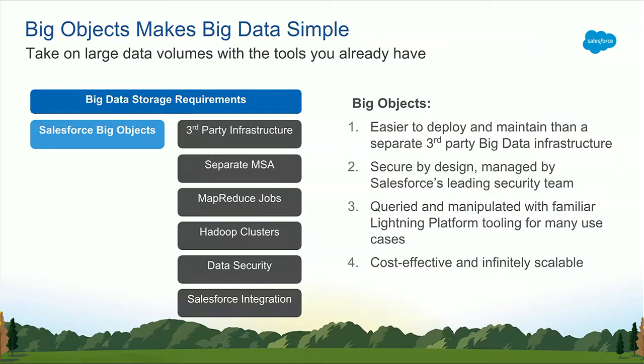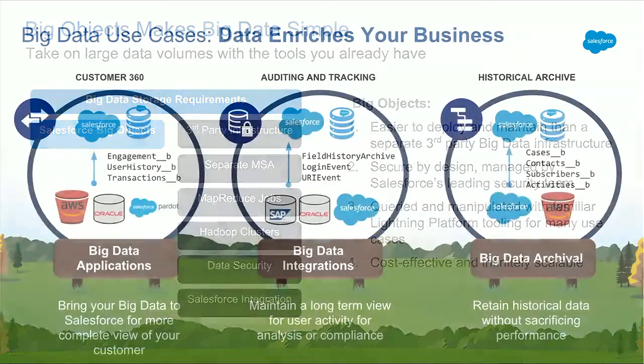When you have large data volumes in your org, you can use the tools you're already familiar with, compared to setting up separate third-party infrastructure with separate agreements, building your MapReduce jobs, setting up your Hadoop, HBase, and data security, and then of course building your Salesforce integration with those infrastructures. So it is really a familiar way to work with very large data sets in Salesforce.